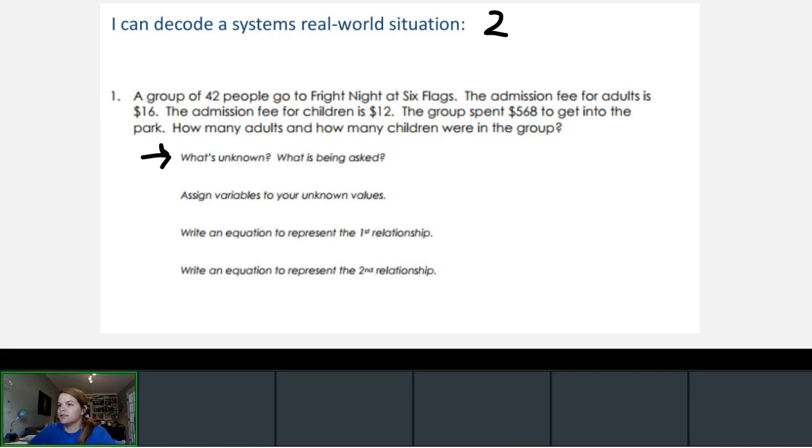That's what's being asked. All right, so the second thing we're going to do is assign variables to our unknowns. So adults are unknown. We're going to let them be X, or we could let them be A. Adults can be A, and children can be C.